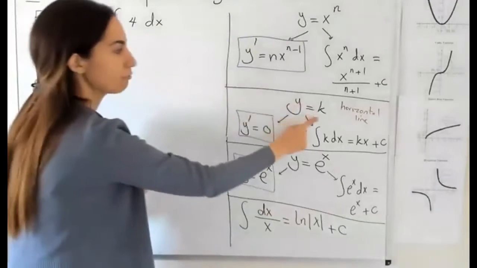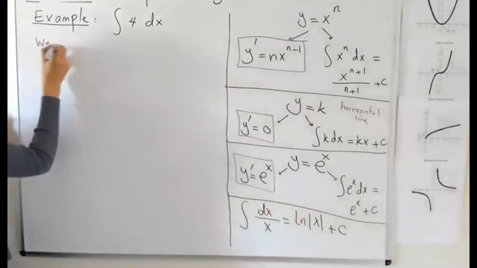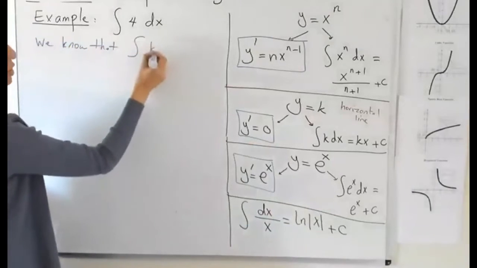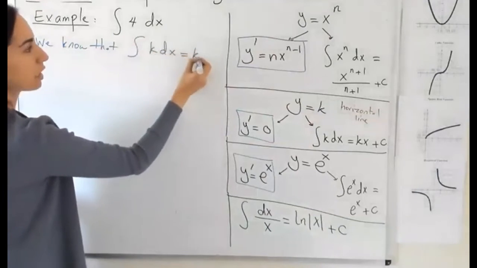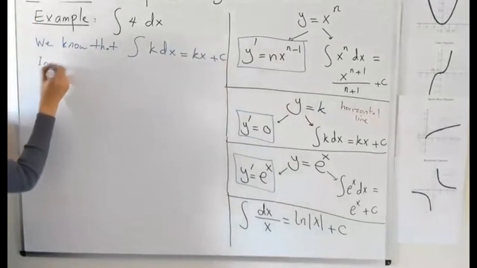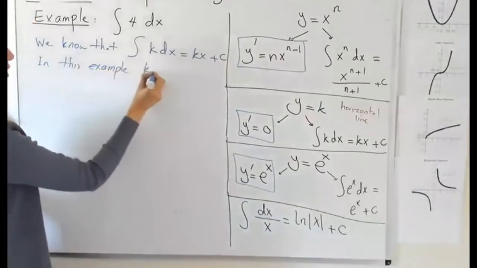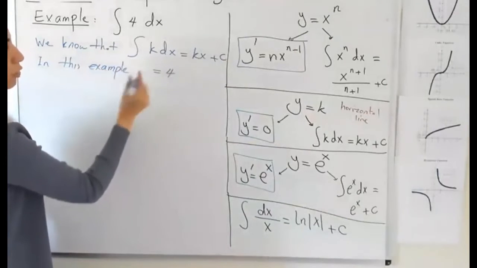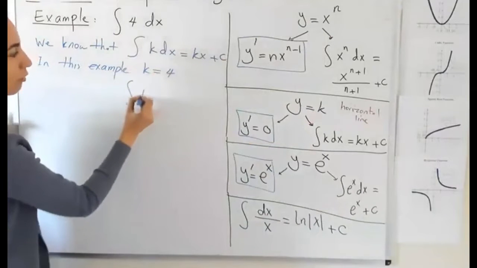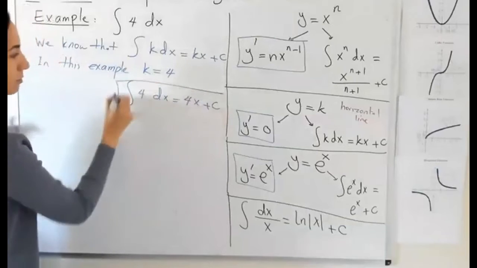Okay, here I have y equals k. You know that the integral of k dx is kx plus constant of integration. In this example, k is equal to 4, so just follow the formula. The integral of 4 dx is 4x plus c.